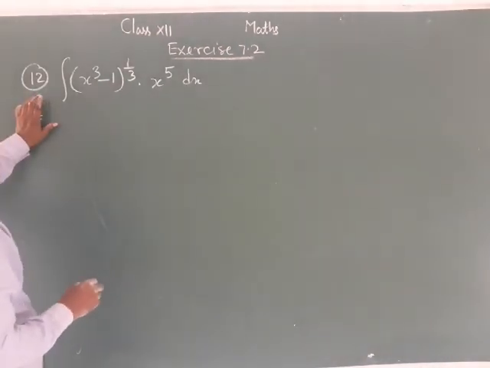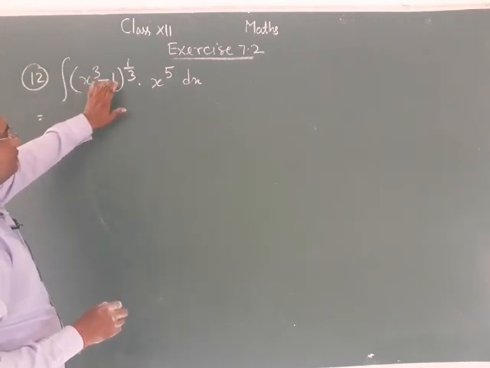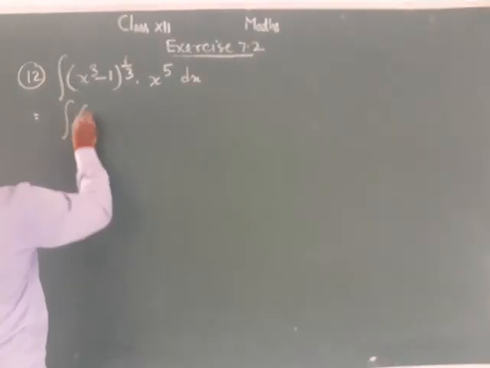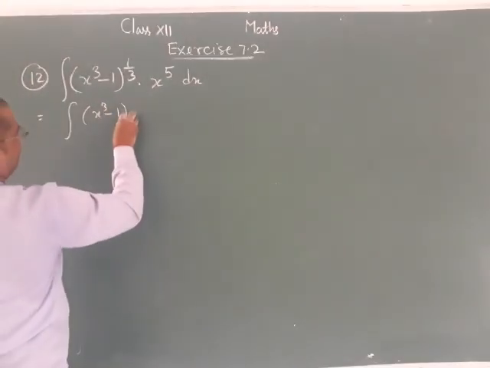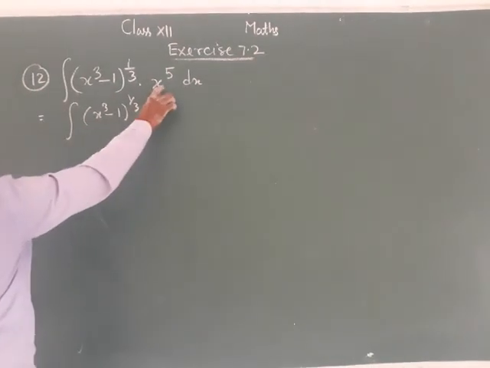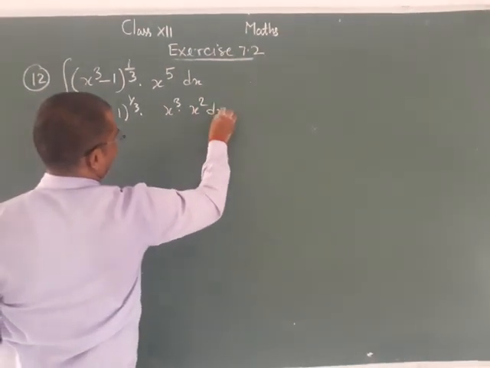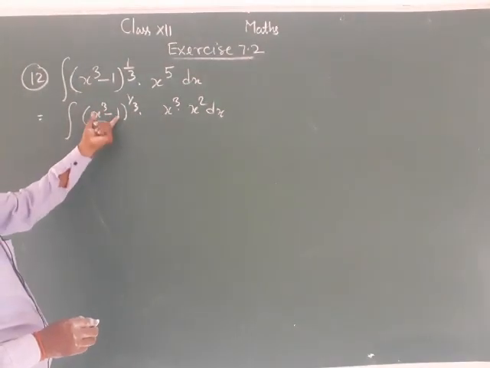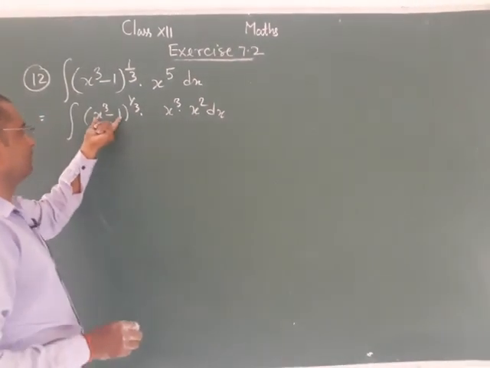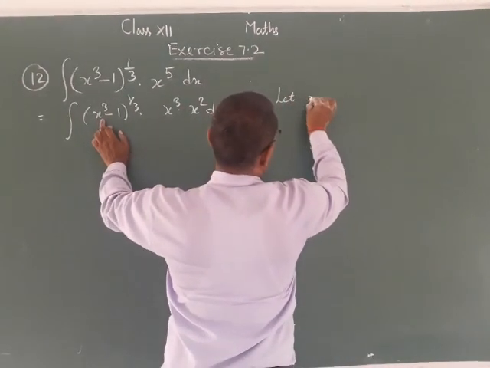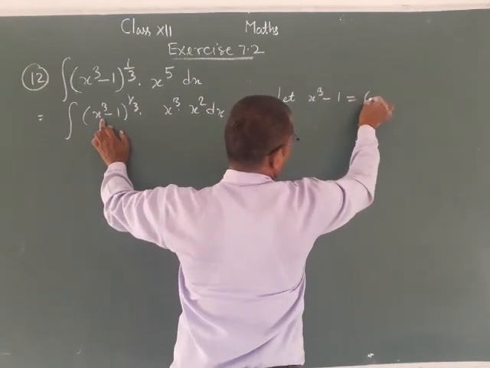Question number 12. Integral of x to the power 3 minus 1 whole to the power 1/3 times x to the power 5 dx. Now change into another form: (x^3 minus 1)^(1/3) and x^3 into x^2 dx. So let x^3 minus 1 is equal to t.